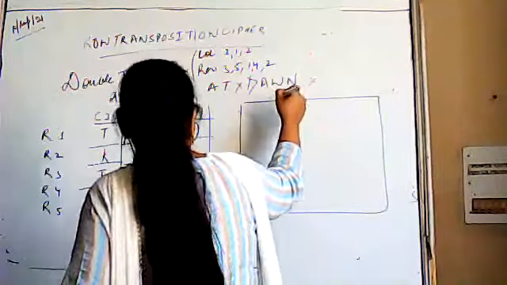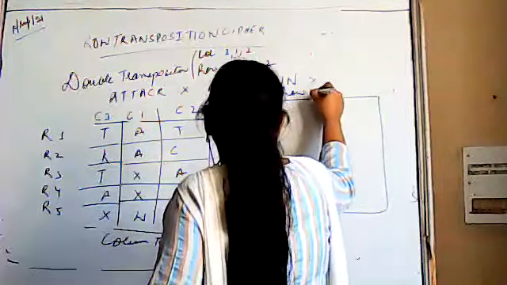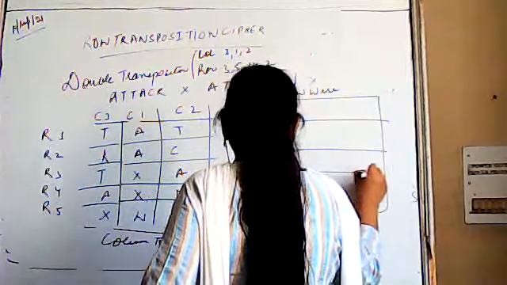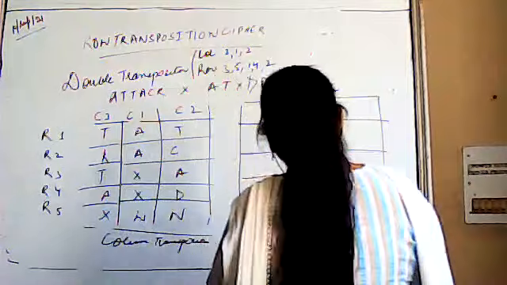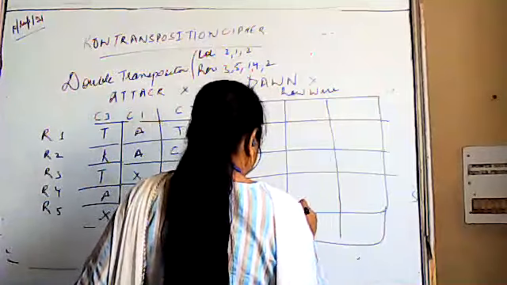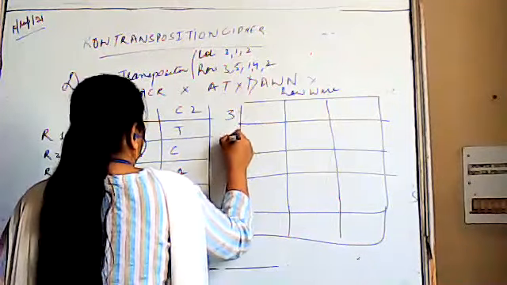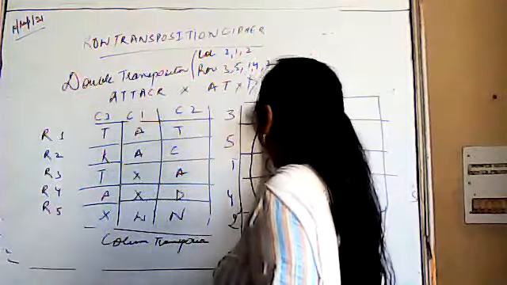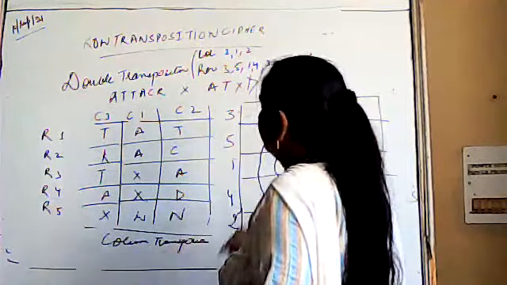This is your row wise. 3, 5, 1, 4, 2, with C3, C1, C2.